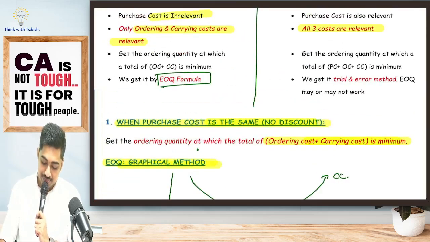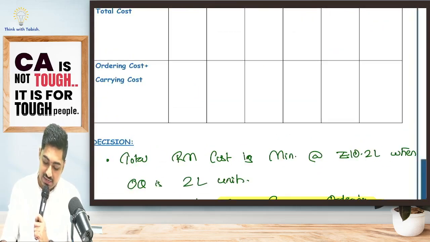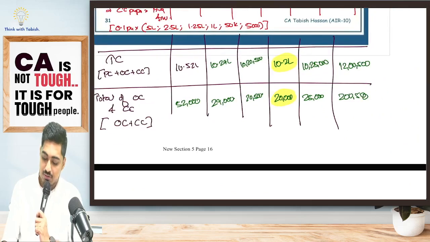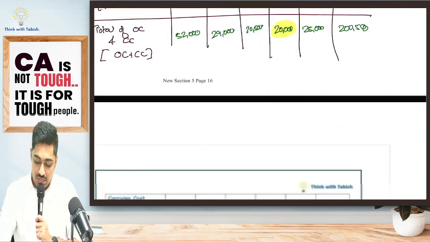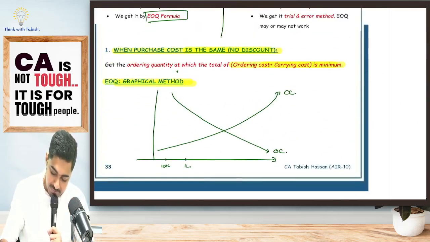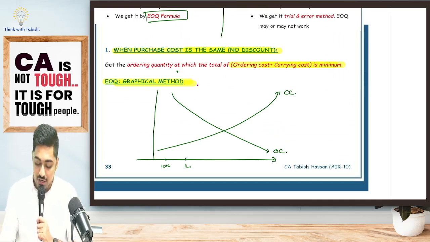Yes, 10,000, 1,00,000, 2,00,000, so on. It is 25,000. That means it has come down. Yes or no, everyone? Perfect. Then when your ordering quantity has become 2,00,000, it has become 20,000. This is the minimum.